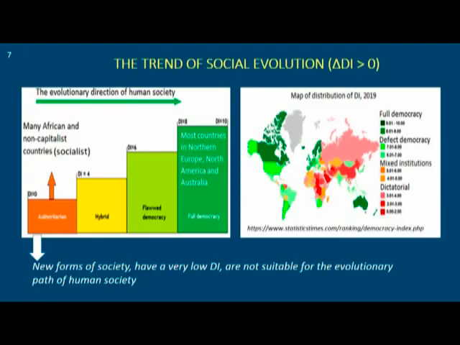Those are capitalist countries. Because society evolves toward increasing DI, delta DI is greater than or equal to 0. So the evolutionary path of human society is in the direction from Group D to Group A. Socialist countries are in Group D. So socialism is not the evolutionary direction of human society.